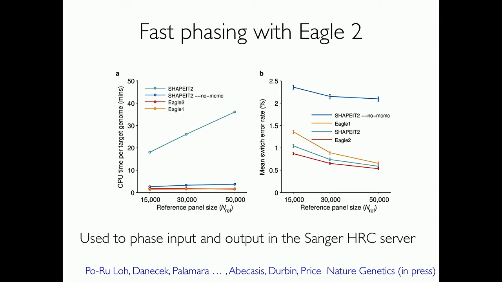Eagle 1 was worse than ShapeIt. So that's why Eagle 2 was developed, so as to be uniformly better, and I think it achieves that. OK. And that's now used to phase the samples that are sent to the Sanger server. And maybe we even have a straight phasing option. Yeah. So, okay, so that's using those things.